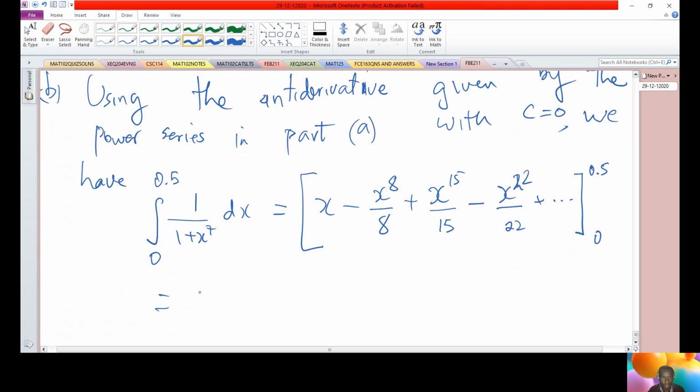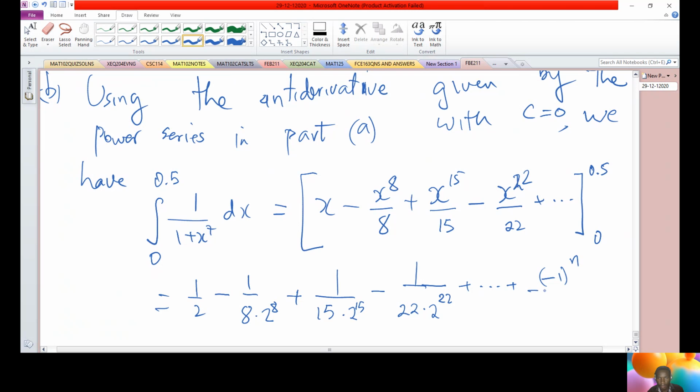So that will give us a half minus 1 over 8 times 2 power 8 plus 1 over 15 times 2 power 15 minus 1 over 22 times 2 power 22 plus ... minus 1 power n over 7n plus 1 times 2 raised power 7n plus 1 plus other several terms.